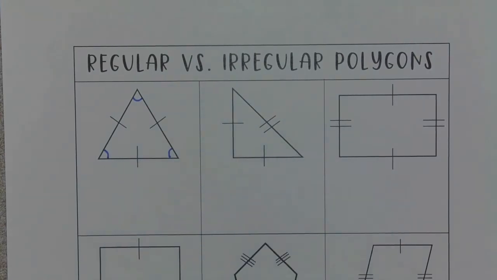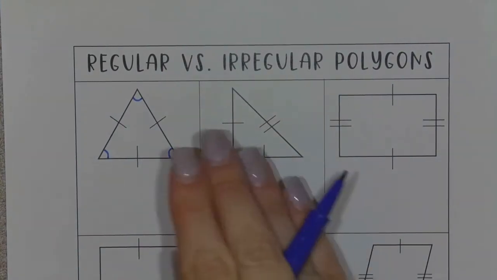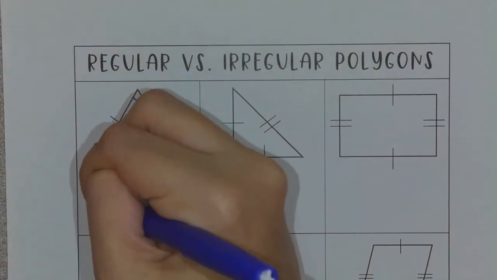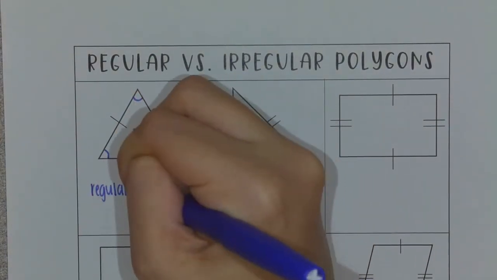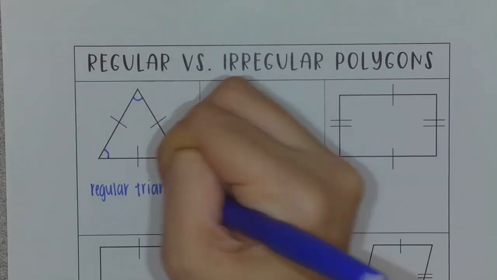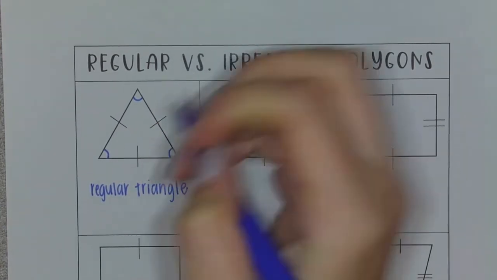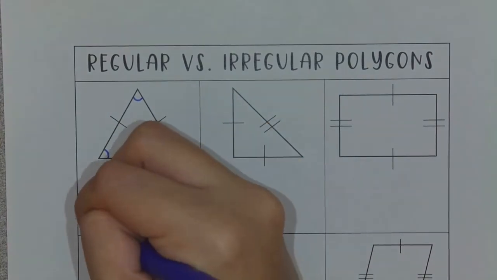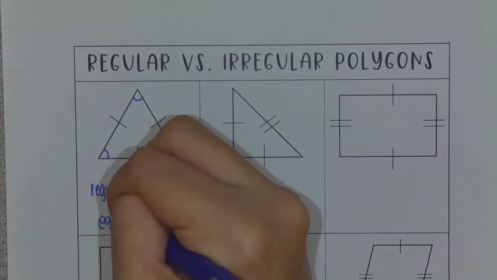All of my angles each have one rainbow, which means all of them are the same. So this, in fact, is a regular triangle, because all sides are the same, all angles are the same, but we can take it one step further, and our regular triangles are called equilateral triangles.